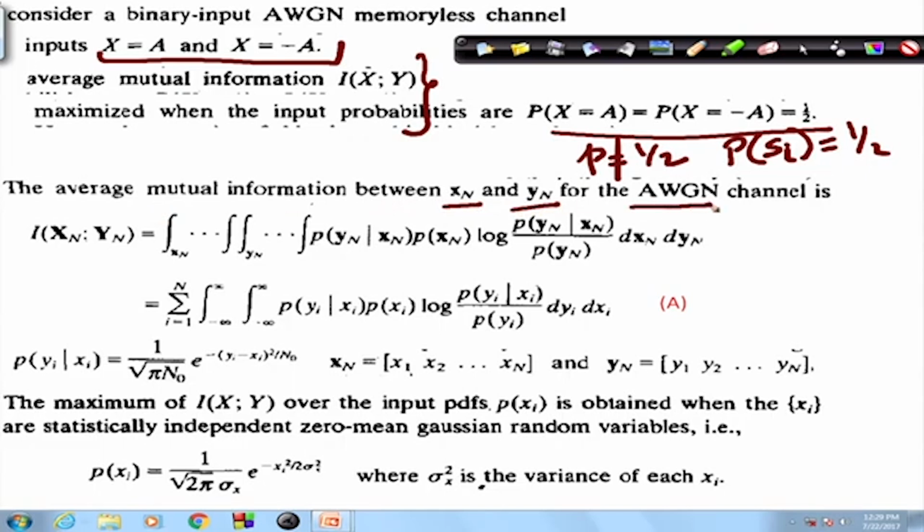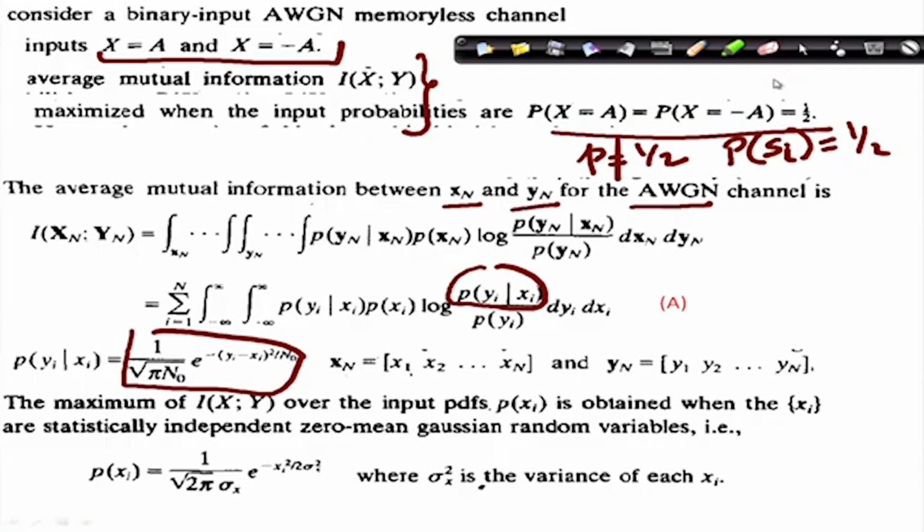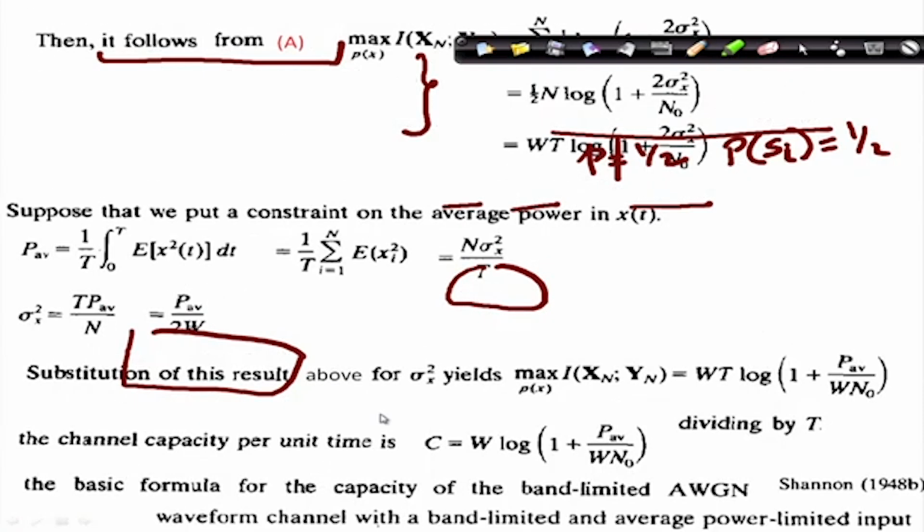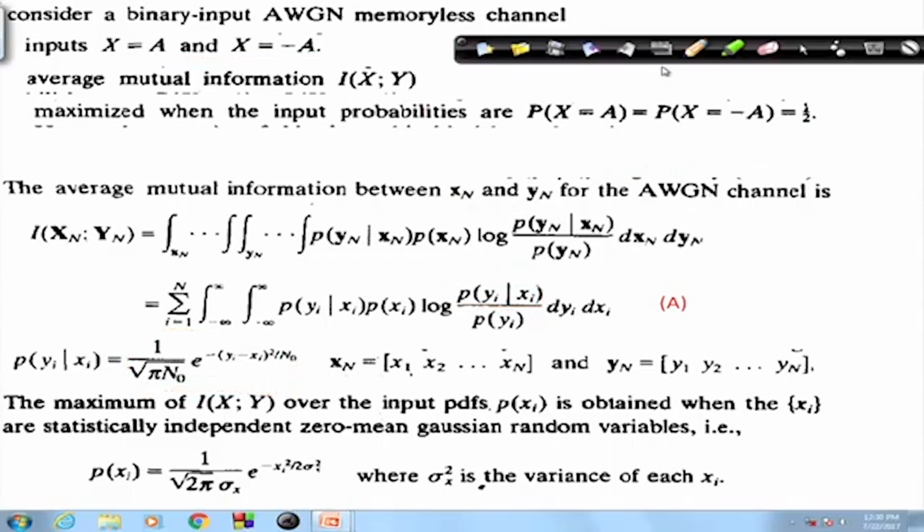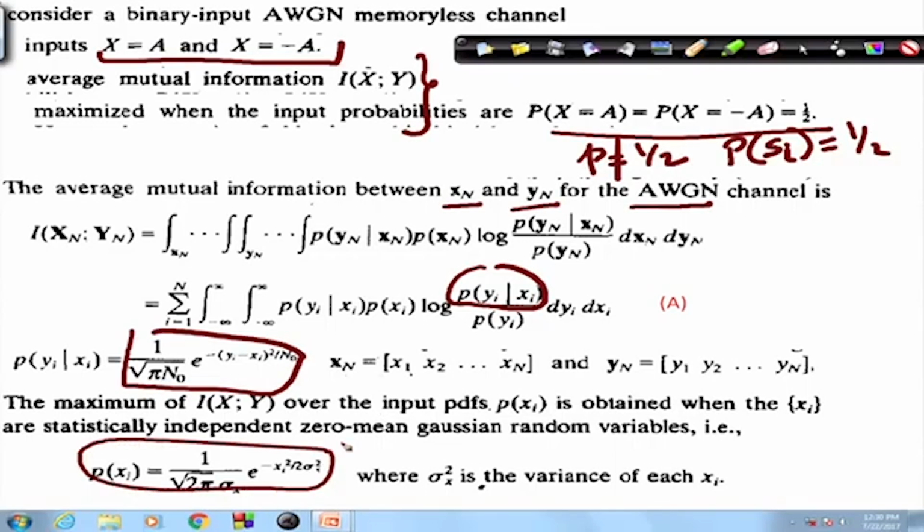So, we have a waveform channel, right. Then we have this conditional probability matrix, where these conditional probabilities would be given by an expression like this. If you fill in these expressions, we can take a few steps forward, and we will be using these expressions for conditional probabilities.